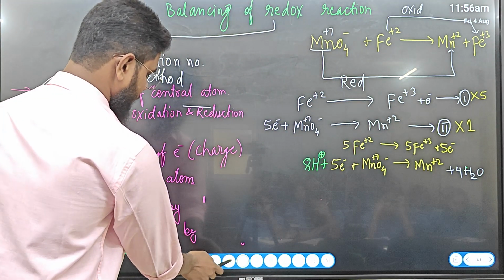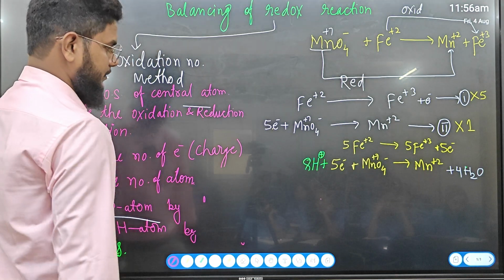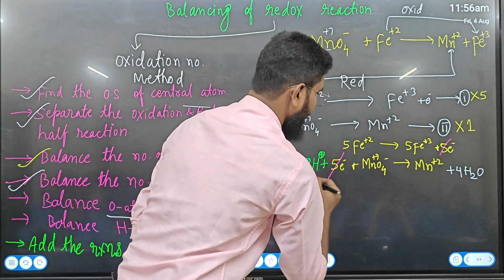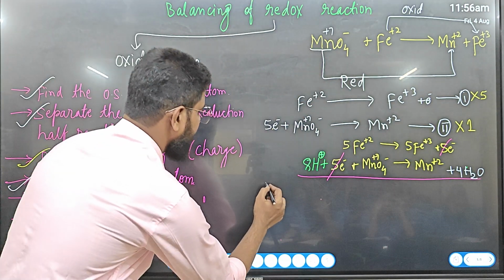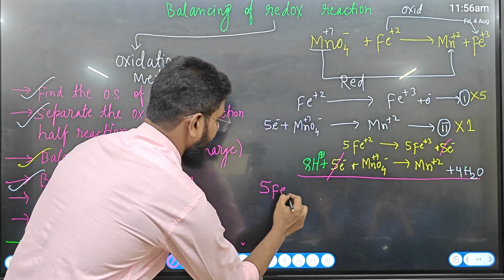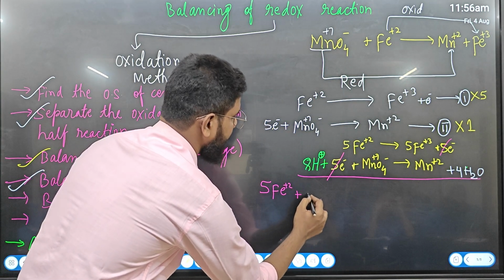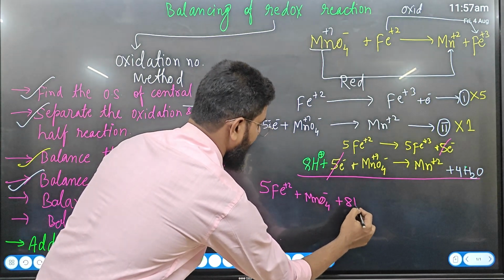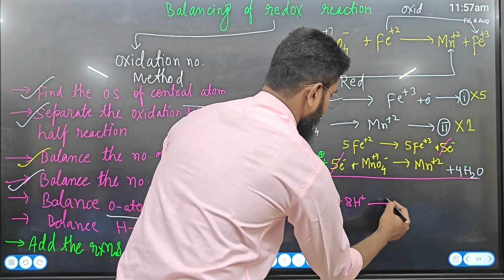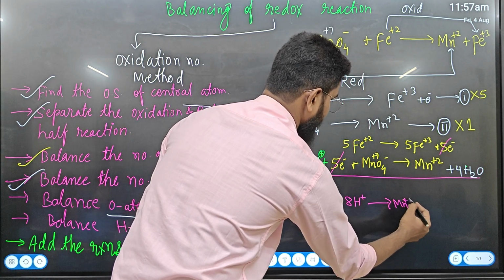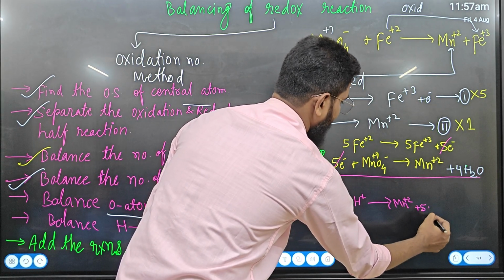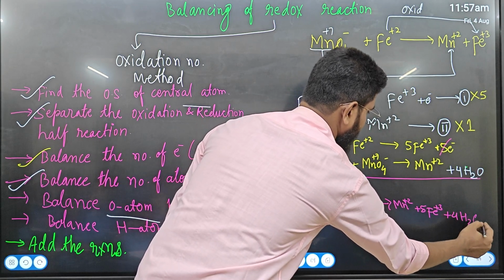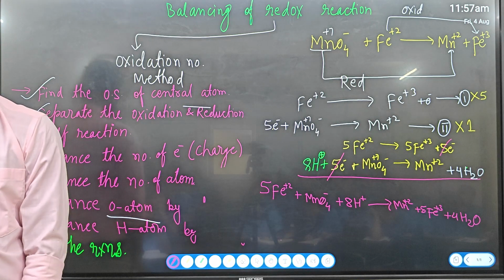Now just add these two reactions. If you add these two, 5 electrons and 5 electrons will cancel out. What are you getting? 5 Fe plus 2 plus MnO4 minus plus 8 H plus gives Mn plus 2 plus 5 Fe plus 3 plus 4 H2O, right? Yes?